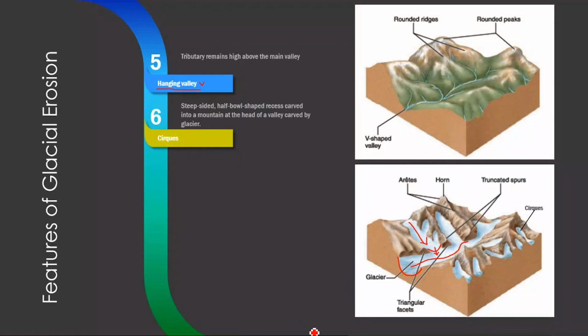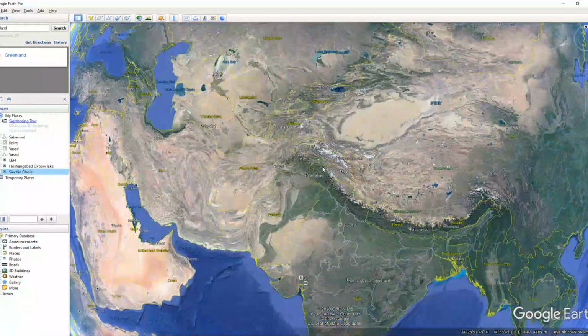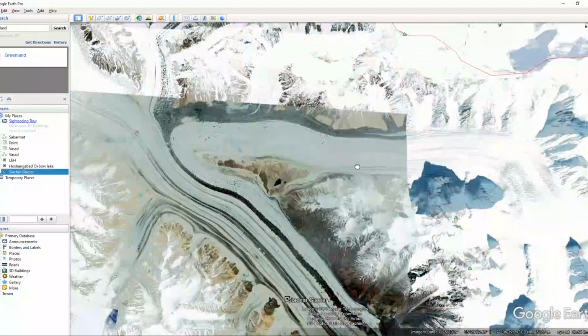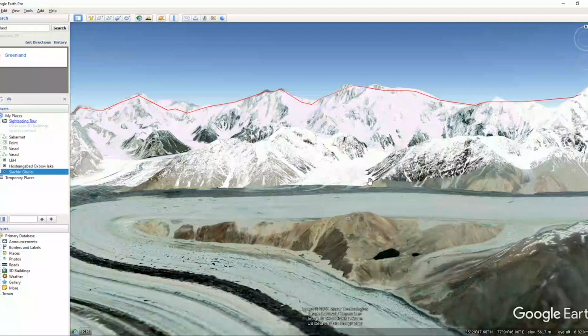So if I show some examples, in the same Himalayan region there are so many tributaries which are contributing to this valley. I have not traced anything right now, but if you browse on this, somewhere we'll get a valley which will be at a comparatively higher level than the main valley. Okay.